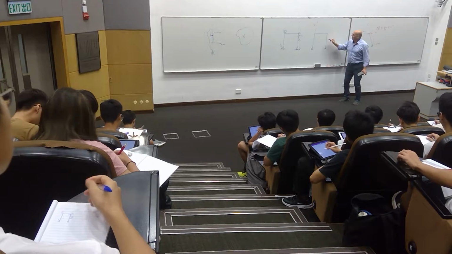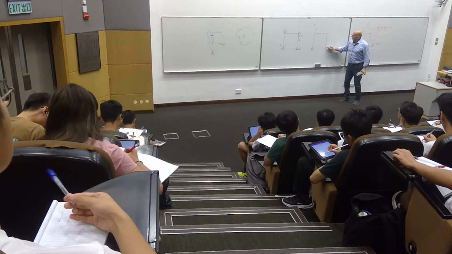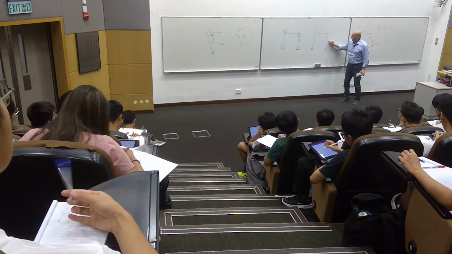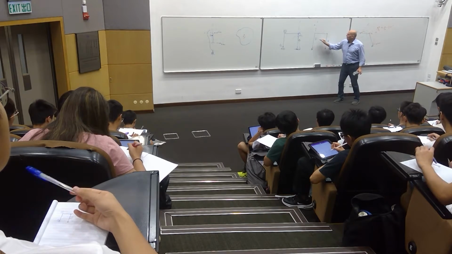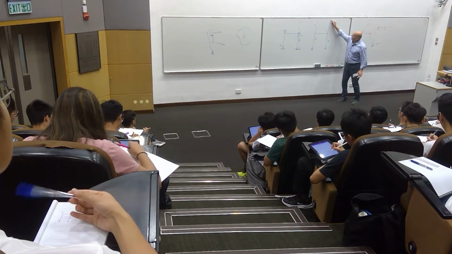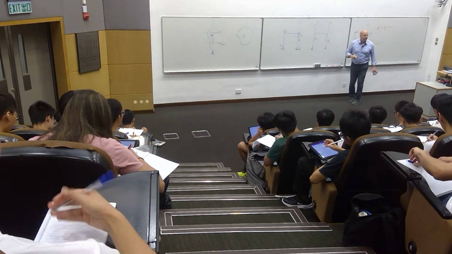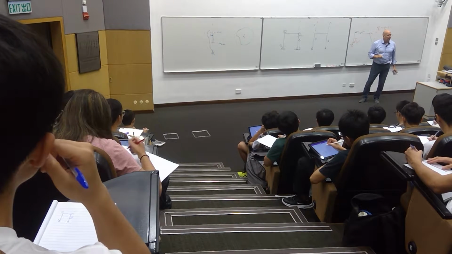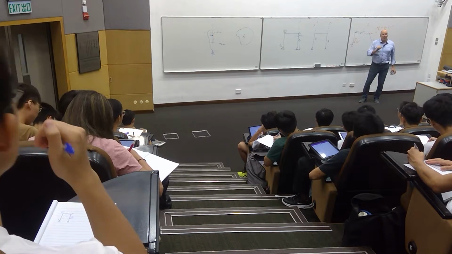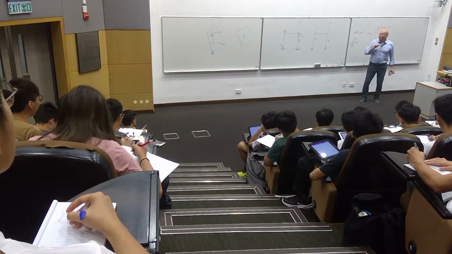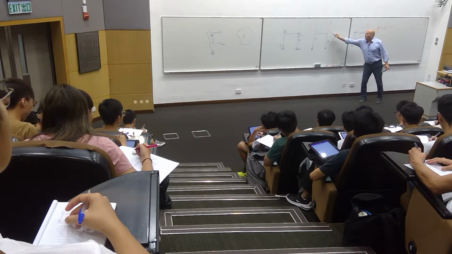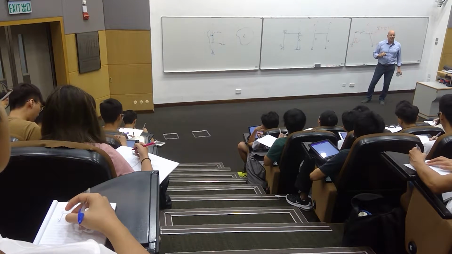I know that O2, body 2 here, body 1 here, right? O2 must lie somewhere along this line. And we know also that O1, O2, and this point must lie on a straight line.